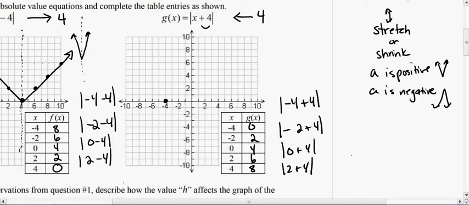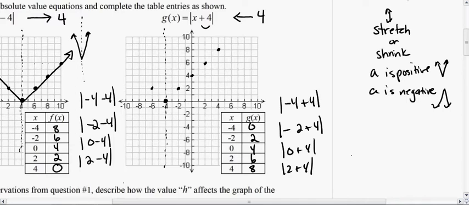Let's graph those points. Negative 4, 0; negative 2, 2; 0, 4; 2, 6; and 4, 8. And just like the last graph, I've got an axis of symmetry running down the middle of my graph that I can reflect the points from my table over and get a whole other bunch of points.